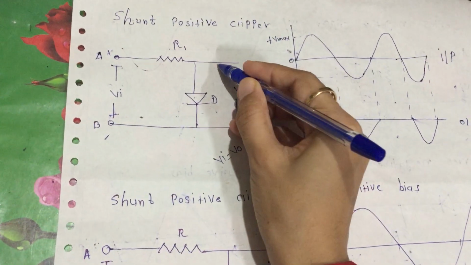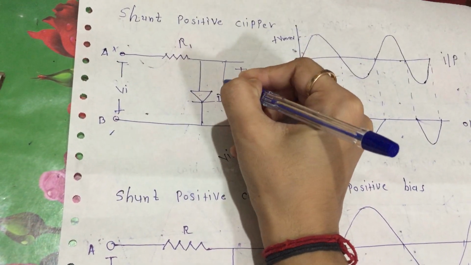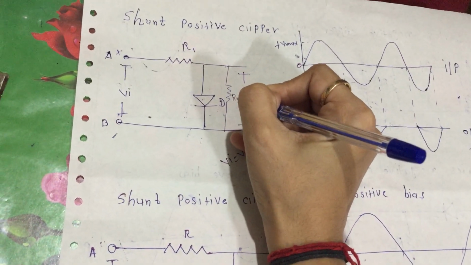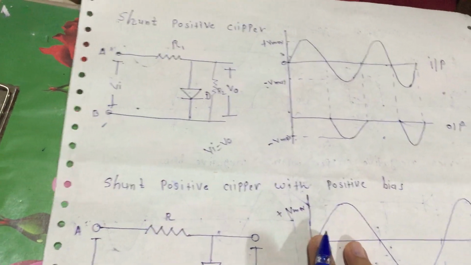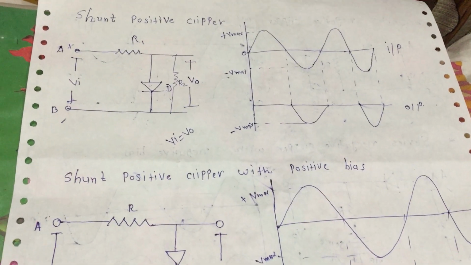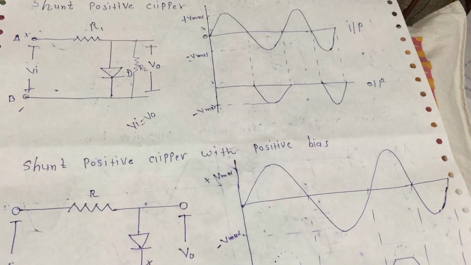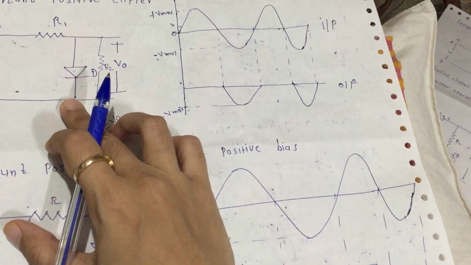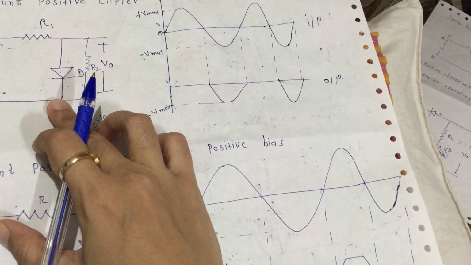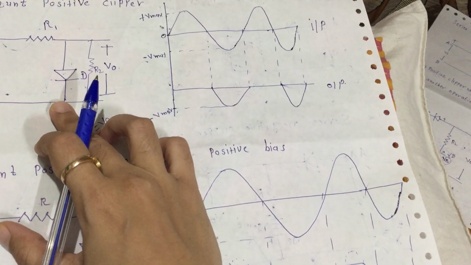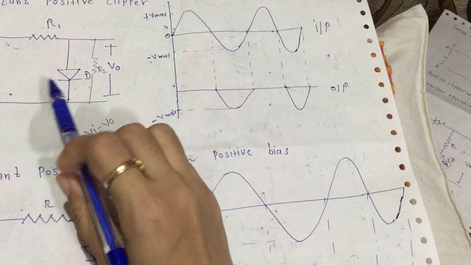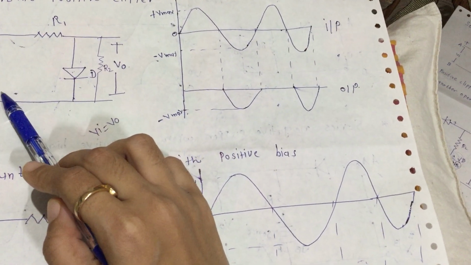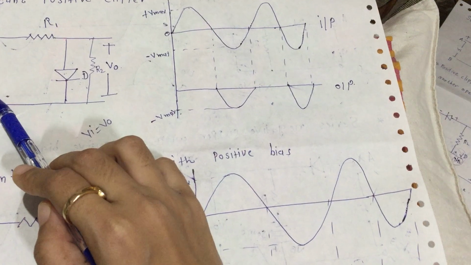So this is another resistor that we connected here, which is R2. Okay, so let's see. In the positive half cycle, when the input voltage is applied, the positive half cycle at the input makes point A positive with respect to B. What happened that time?